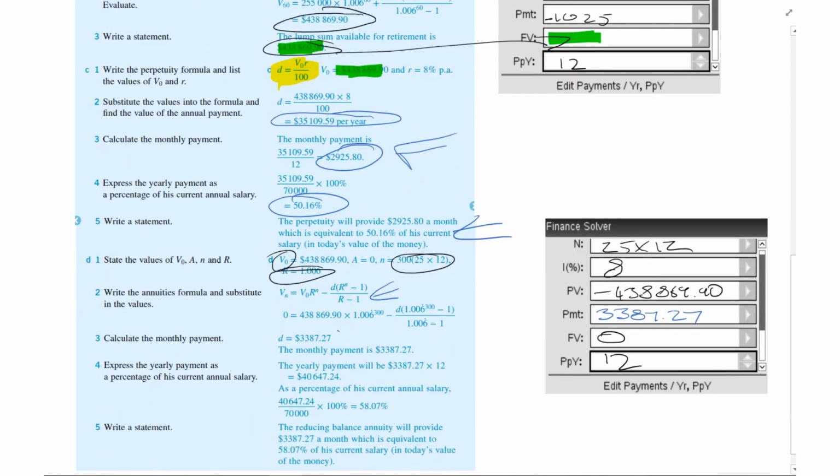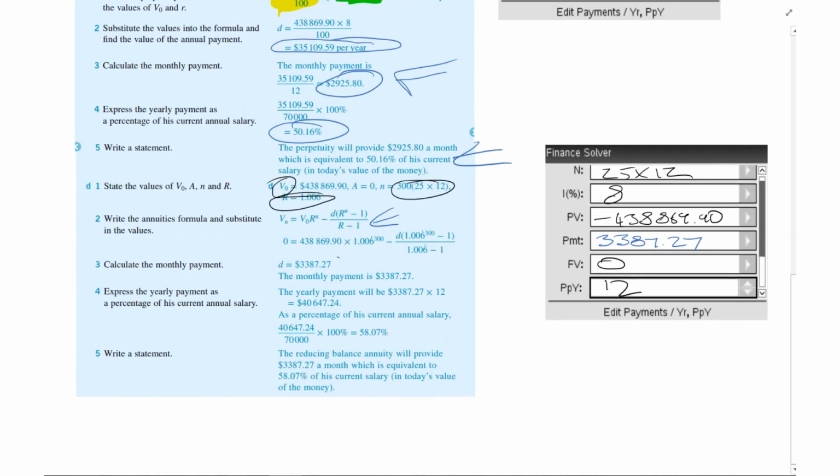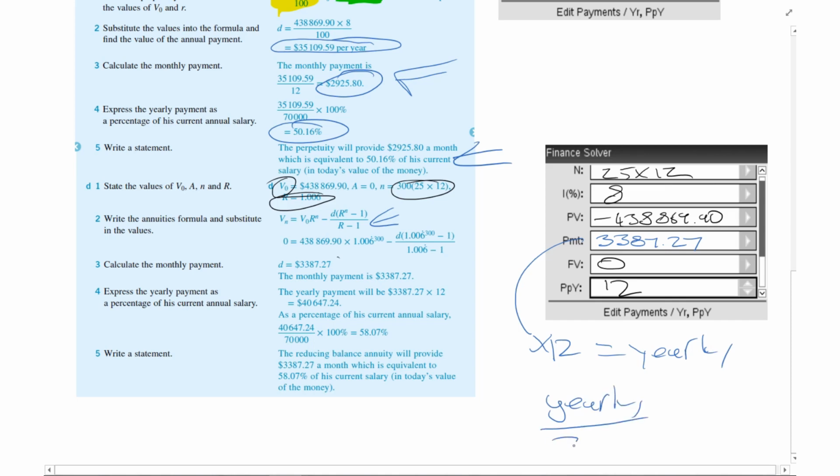If you do an annuity, it's 3,400. Then you multiply this by 12 to give yearly, and take that yearly value and divide it by 70,000, which is what they've done there. And we find that it's 58%.